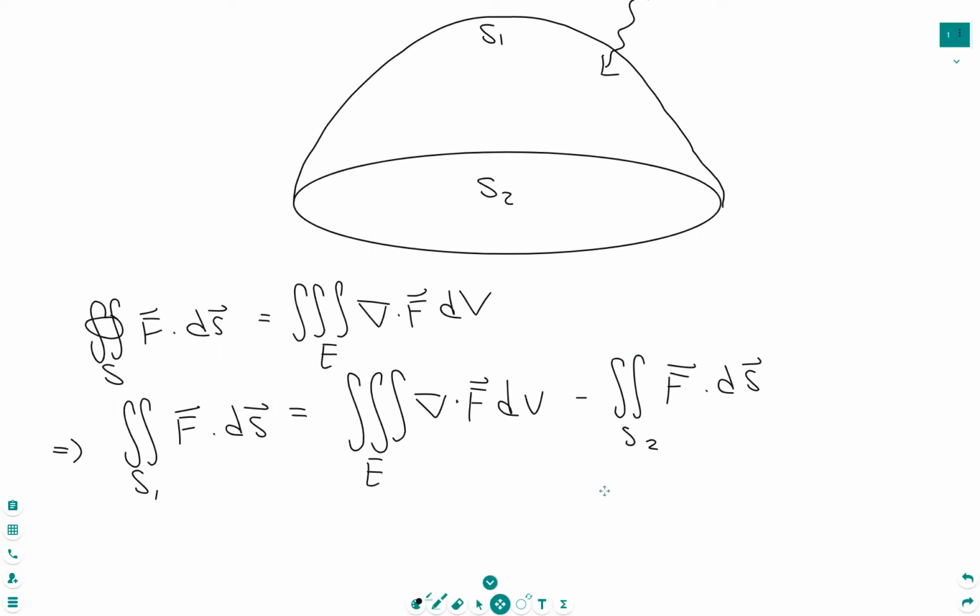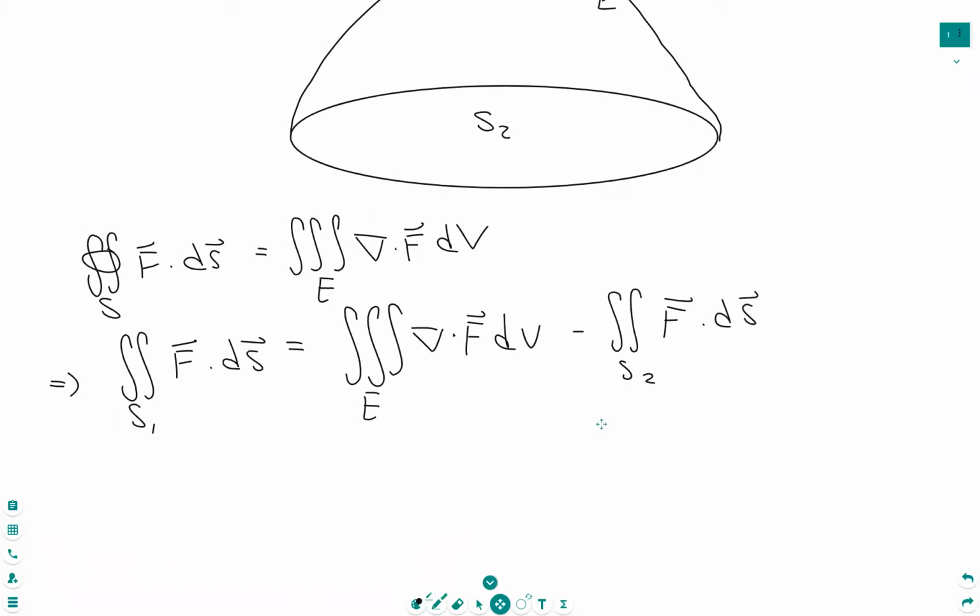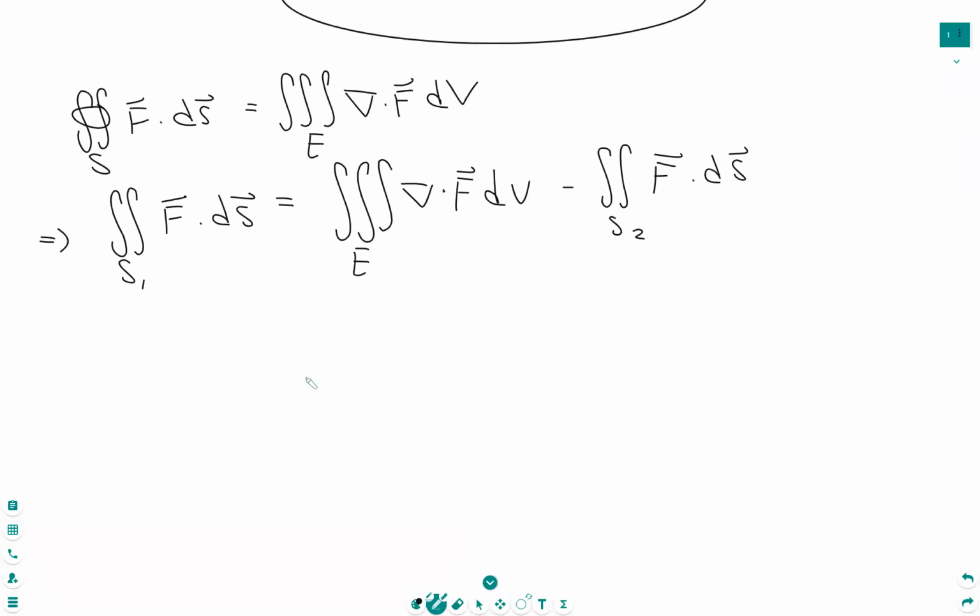This also works for Green's theorem. Maybe you have a line like this, and you want to find the flux that goes through this line. What you could do is put in a second curve.